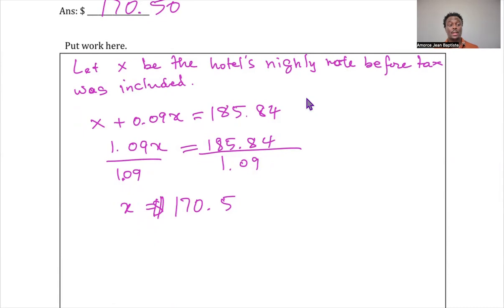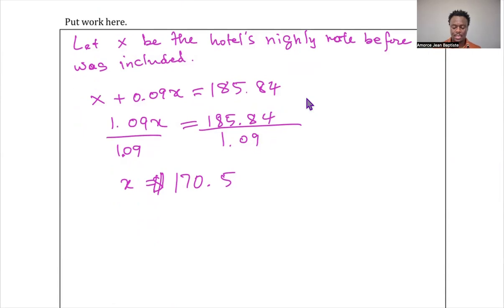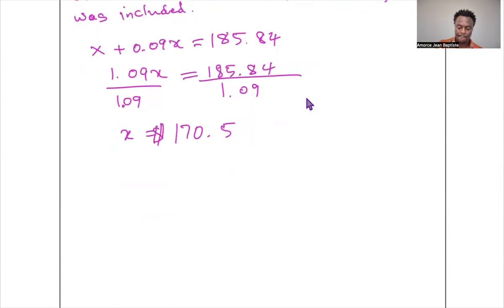They just said the tax is 9% of the initial price, but since now we have the price, how do we get the actual tax? The tax will be 0.09 times the initial price, which was 170.5.